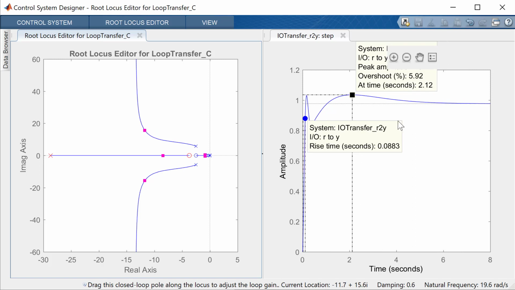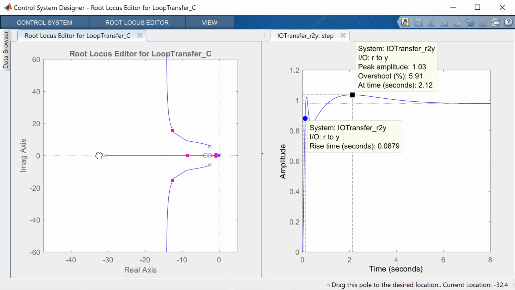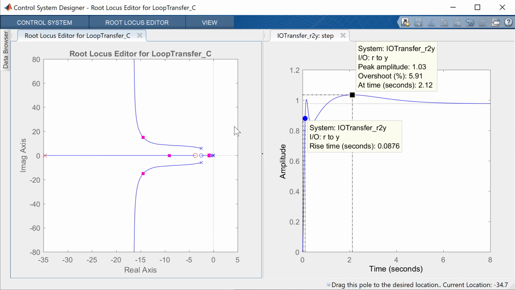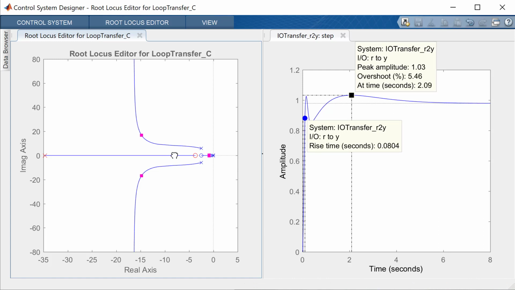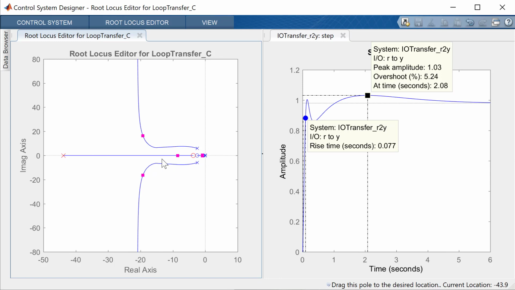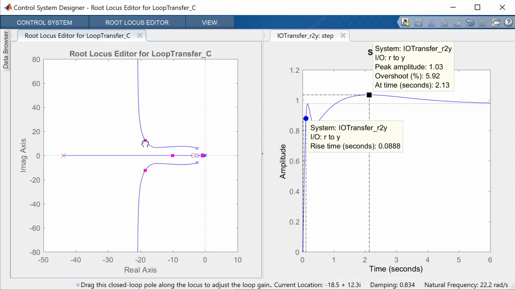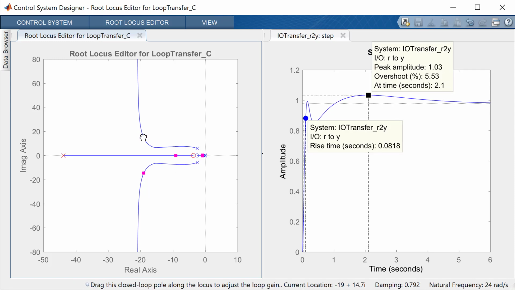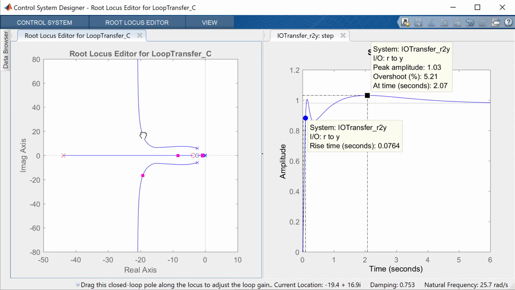And so we're getting close here. We're doing just fine on our rise time. So we may consider pulling this back just a little bit further to see if we can move this point a little bit better. So that's going to give us a little bit more. And so we're maybe just going to need to keep pulling that back a little bit in order to help us finally get down to our value of 5.